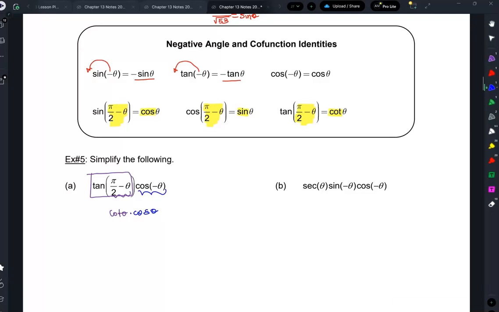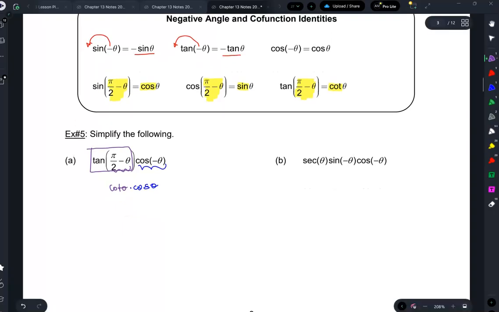So, now, look at this one. For now, we're going to go back to it in a little bit. I have secant of theta. What's this?